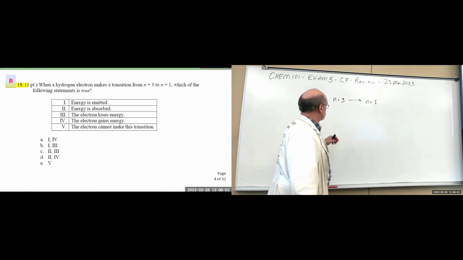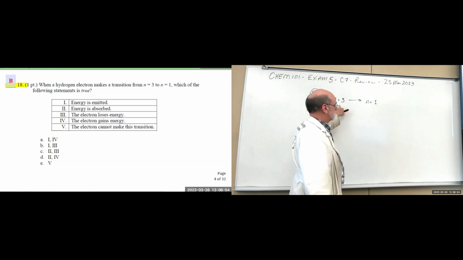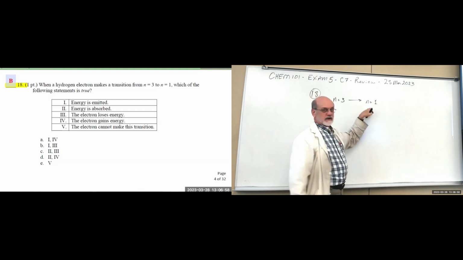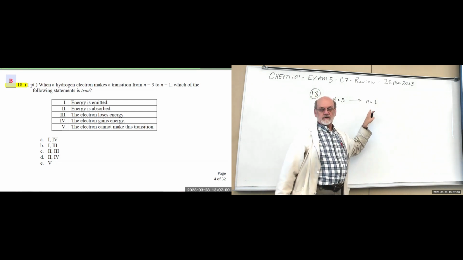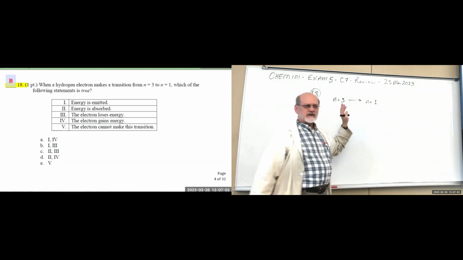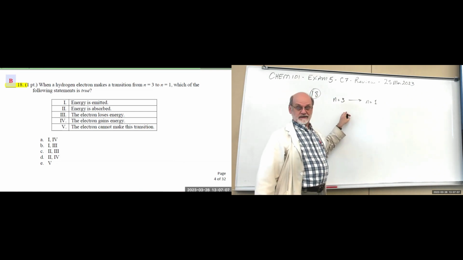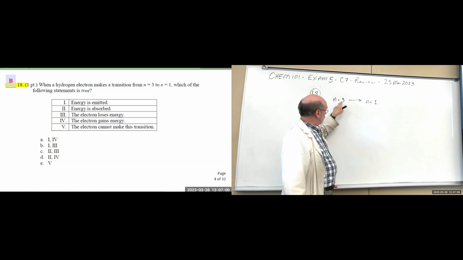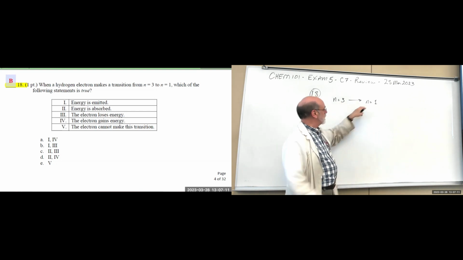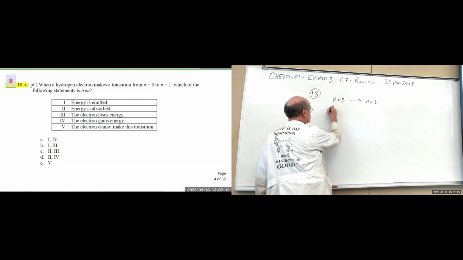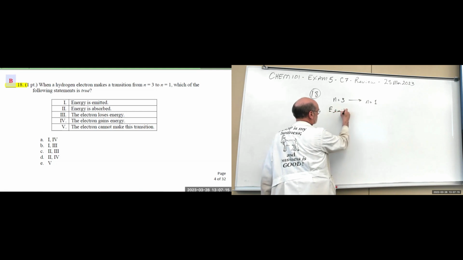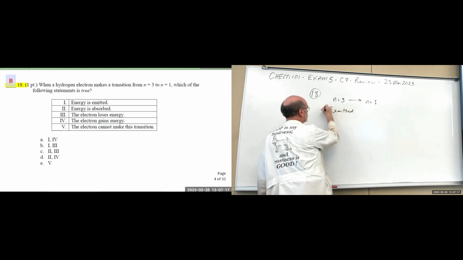Energy is emitted. Is that true? From a higher energy to a lower energy? Yeah, energy would have to be emitted. We still have to conserve energy, even though we're at the subatomic level. All right, so 3, high to low, means energy emitted. That's true.